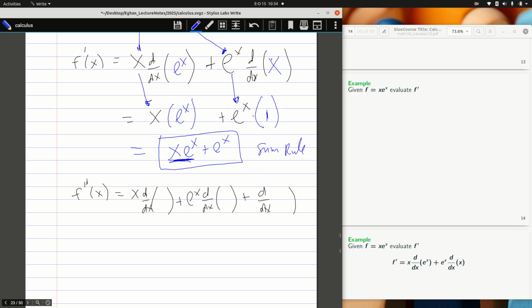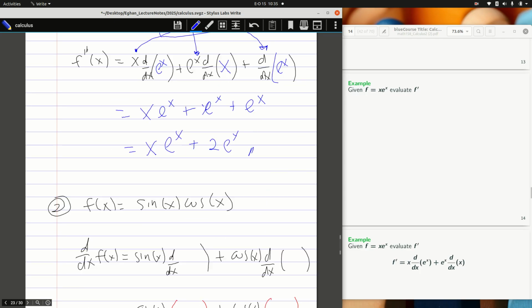So x maintains, I differentiate e^x, plus e^x maintains, I differentiate the term x, plus the last guy, that is not of any product rule, it's just of itself. And you can tell that I'm going to get x e^x plus e^x plus the derivative of this, which is e^x. So that's going to be x e^x plus 2 e^x, and you can go on and on with this derivative. So I ended here.